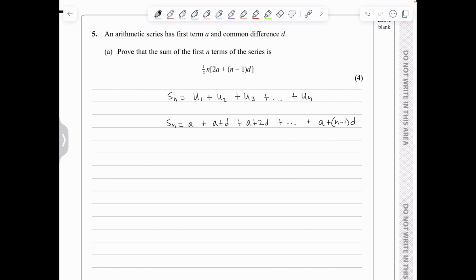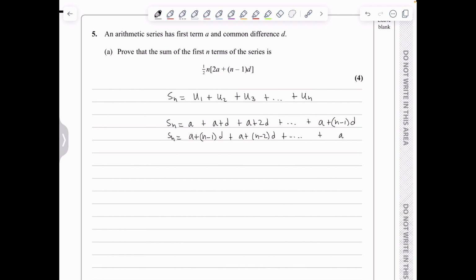And I will rewrite Sn in reverse, so it's the last term, a plus n minus 1 d. Then it's the un minus 1, which is a plus n minus 2 d plus ... up to the first term, which is a.